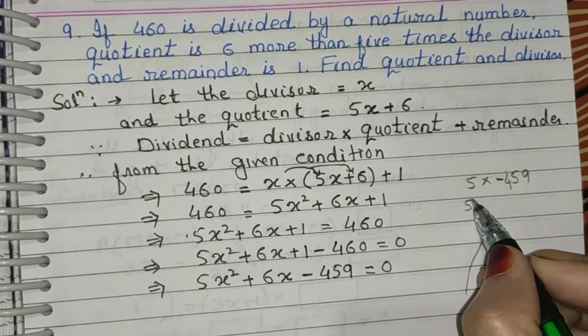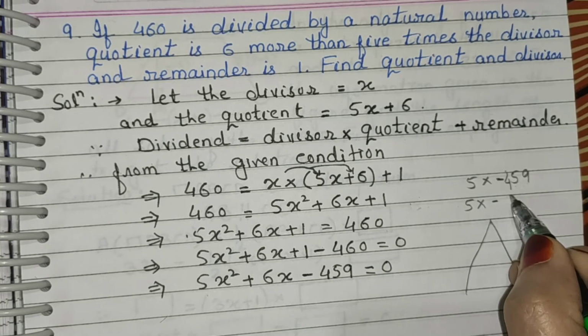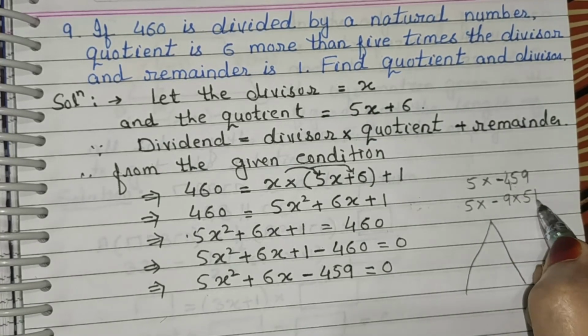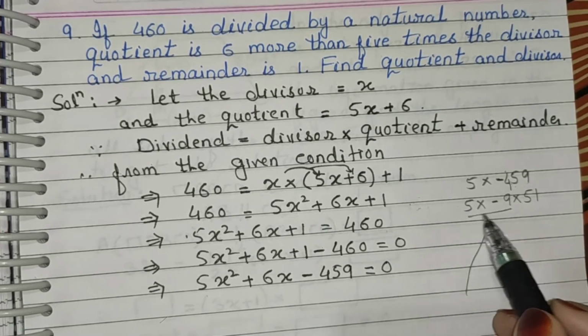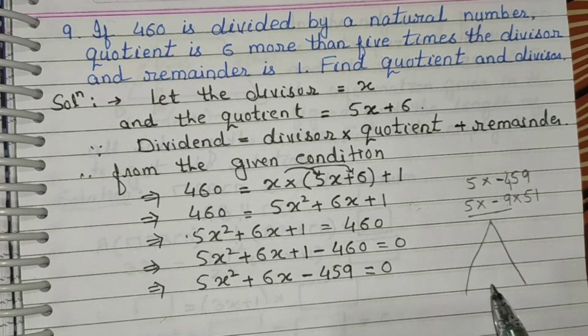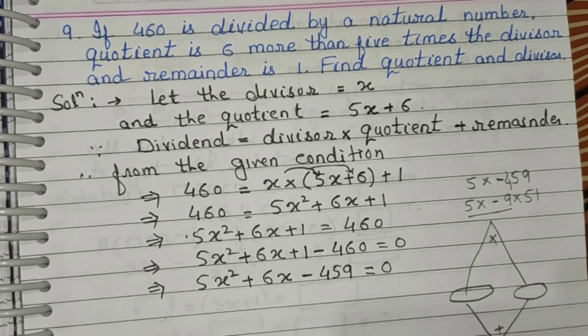Now the factors of 459 can be written as 9 into 51, and the sum is 6.